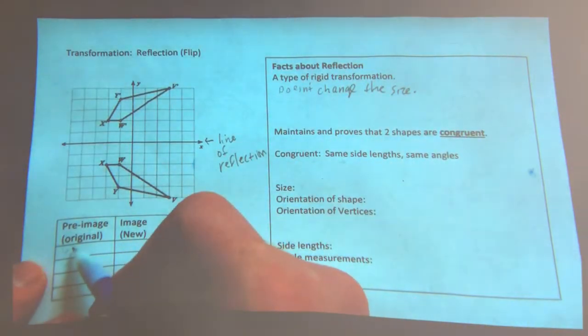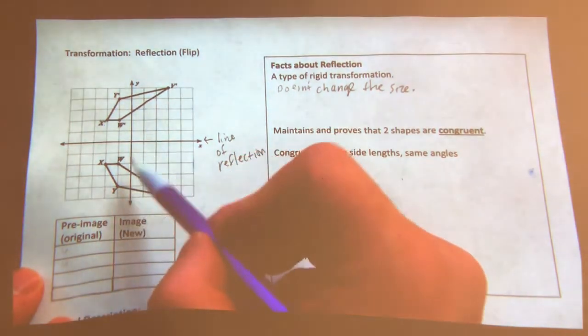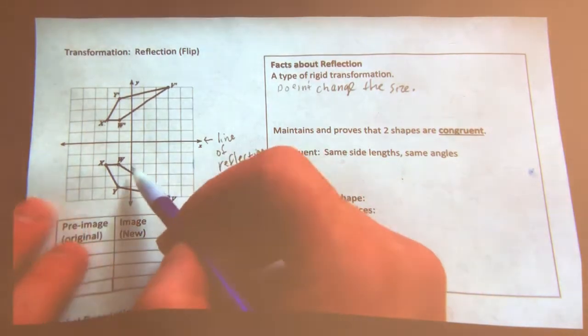So let's record the vertices of the original shape, or the pre-image.